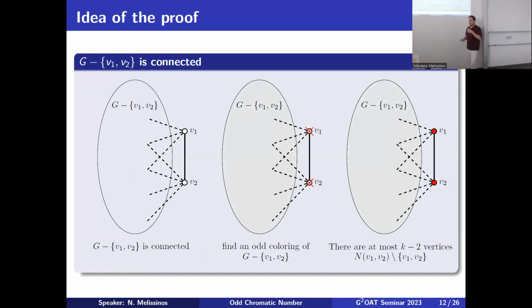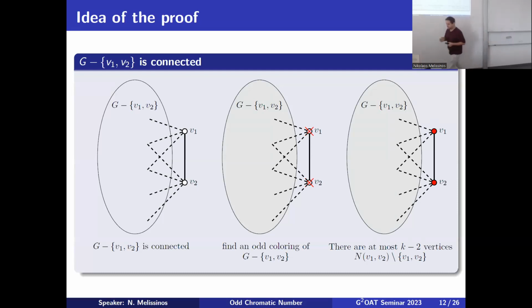So now the second case is when you have those 2 vertices where the sum of their degrees is at most k, and the remaining graph is connected. Then again, we delete those two vertices and color the rest of the graph. And then we put those two vertices back and give them a color that does not appear in the neighborhood.